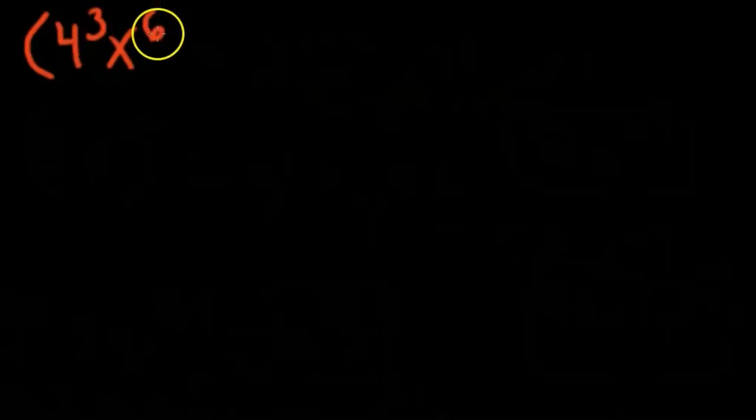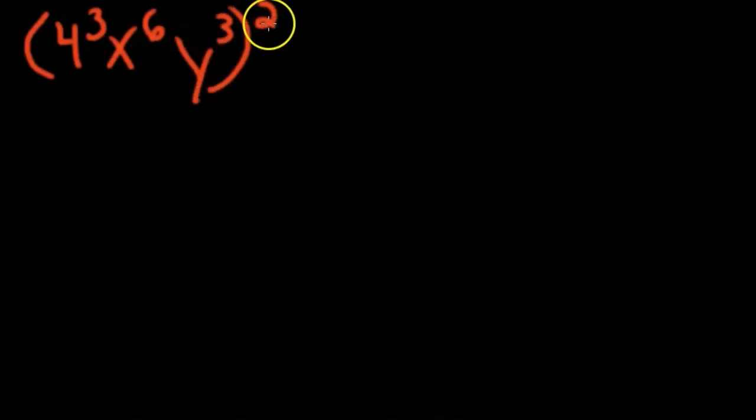Okay, now let's try this one. Let's say we have 4 to the 3rd, x to the 6th, y to the 3rd, all raised to the 2nd power. So the first thing we need to do in this problem is to multiply all exponents with the 2 on the outside.